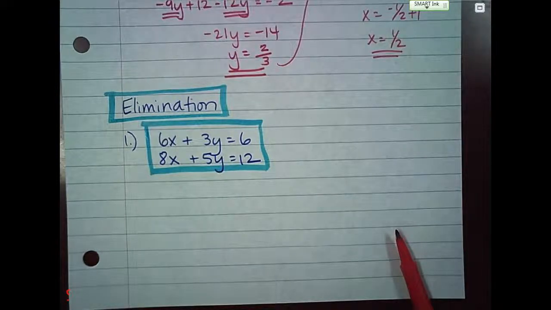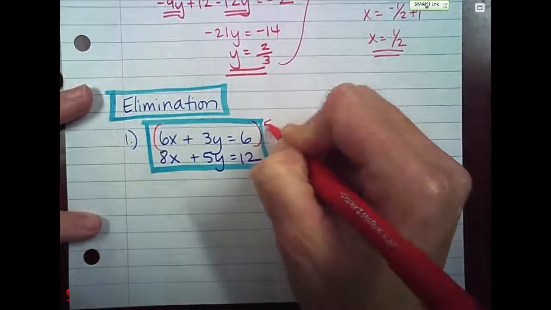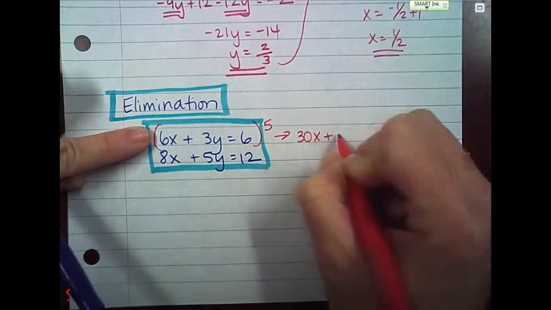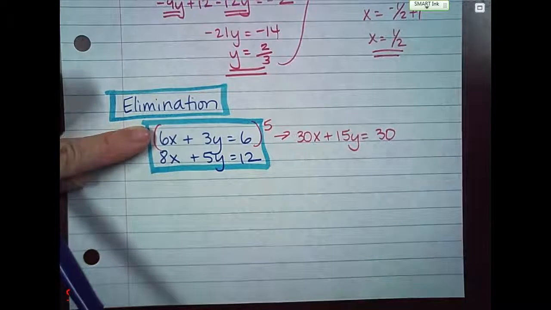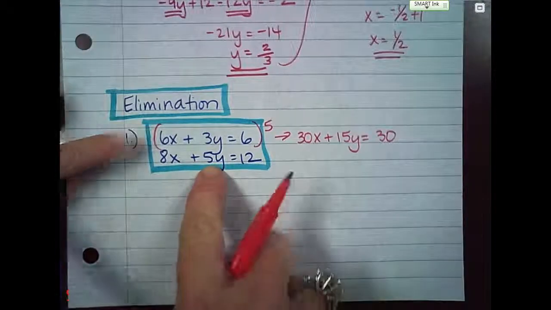If I take the top and multiply it by a 5, then you end up with 30x plus 15y equals 30. Do you see how it's getting closer? If I'm choosing to eliminate y, what would I need this to be?